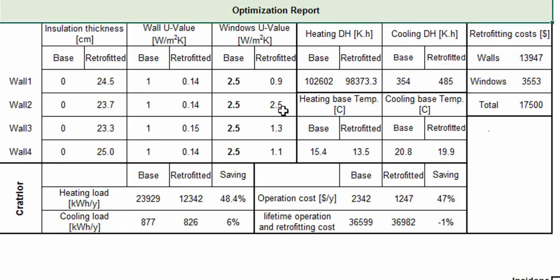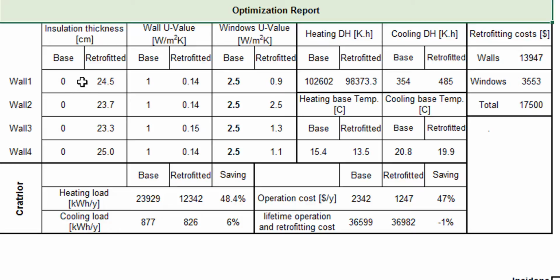This is the U value of my window, so I have to retrofit my window from 2.5, which I assumed at the beginning, to 0.9. For the northern wall, for the eastern wall, I can keep it as it is. For the walls facing south, I need to retrofit them to this value, and also insulation here.